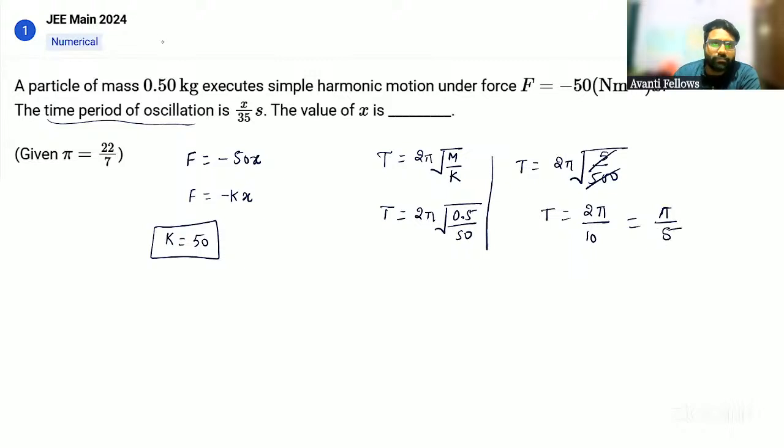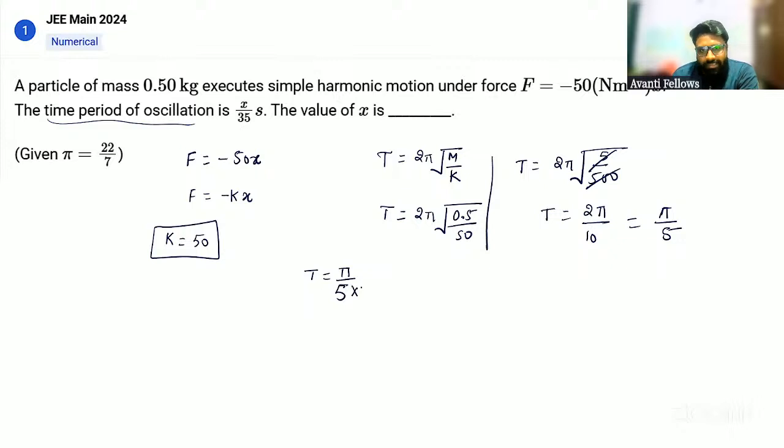5. One of the students has answered. Okay, Subhash, good to go. Thank you. So time period is coming out as pi by 5 seconds. But in the question it is mentioned as x by 35. So what do we have to do?